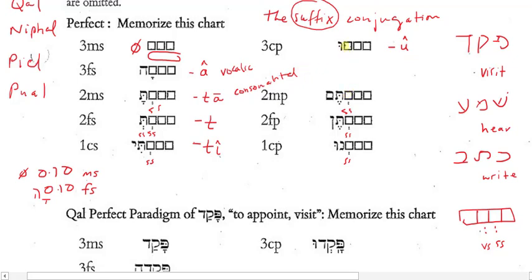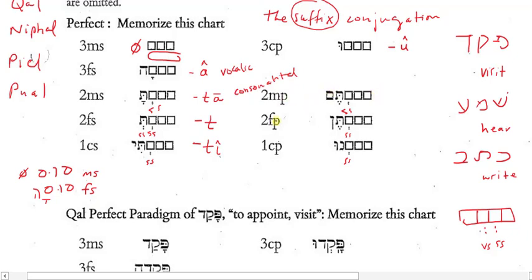Why? Because remember, silent shavas in the middle of a word indicate a closed syllable. Silent shavas indicate that that consonant is closing a syllable, and then this consonant's opening a new one. But if I don't have a silent shava under root 3, what's going to lead my vowel? The last consonant. Yeah, the last consonant's going to slide over and be the lead consonant for it. That's going to make a difference here.